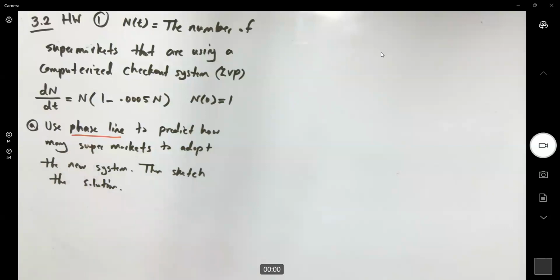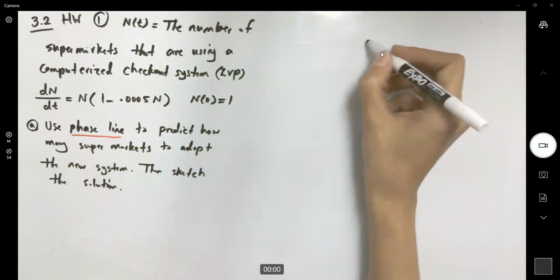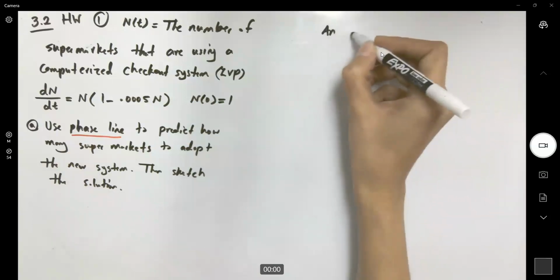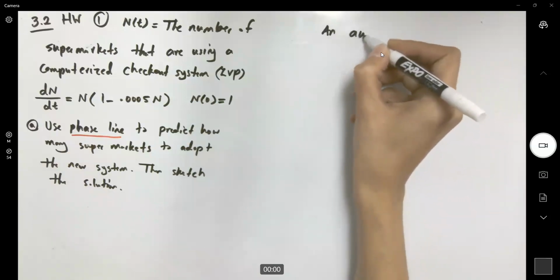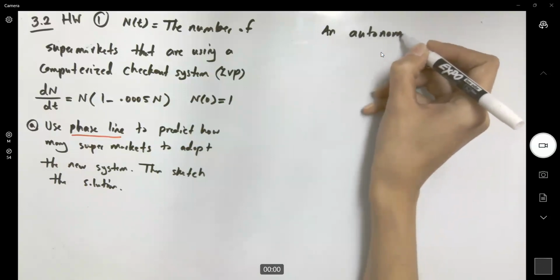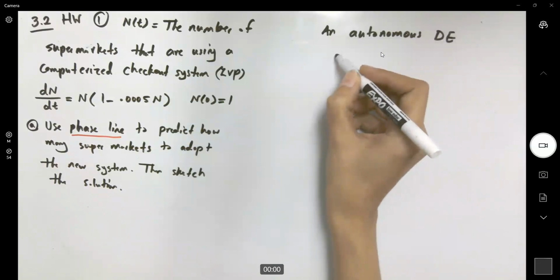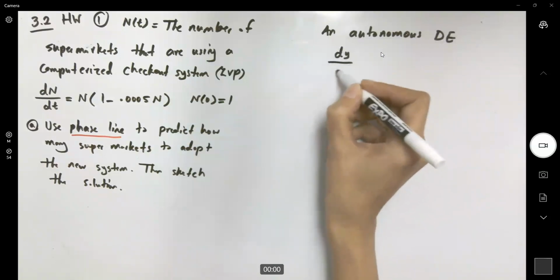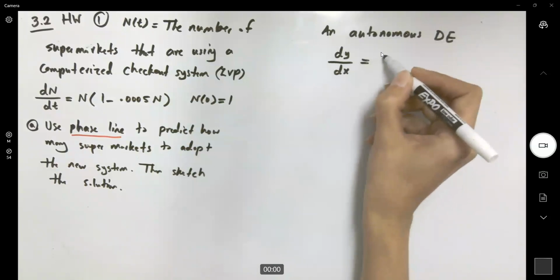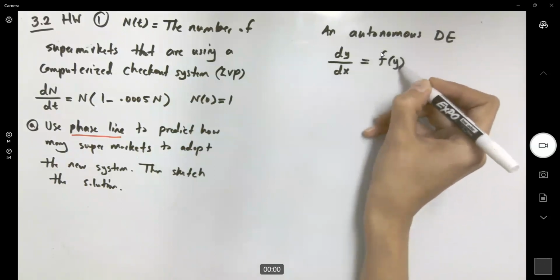Before talking about the phase line, let us introduce some new terminology. First of all, an autonomous differential equation is introduced this way. Here you have dy/dx equals f of y.